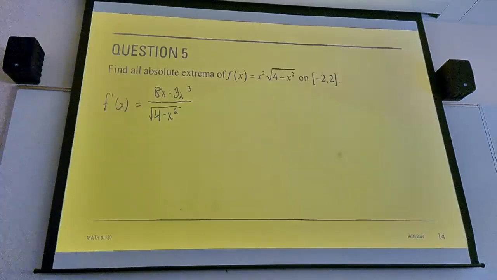And say it's obvious. That doesn't look like it was just on the website. It is. Okay. 8x minus 3x cubed all over the square root of 4 minus x squared. And so just say it's obvious and trust all your friends.